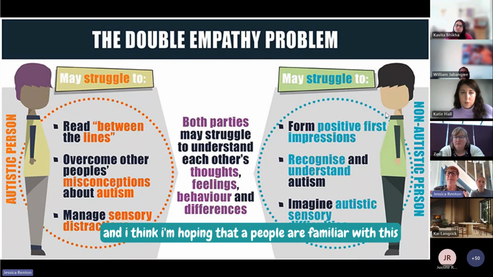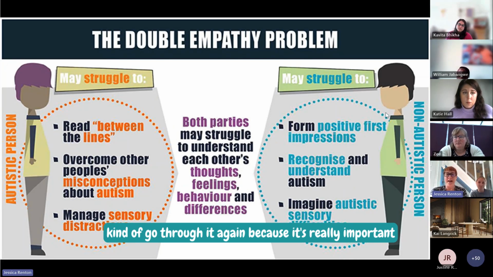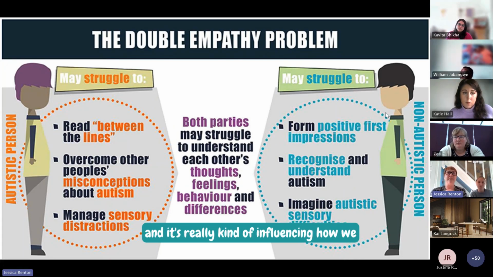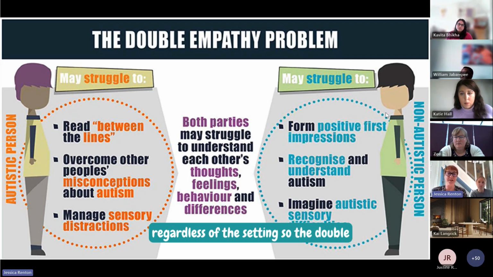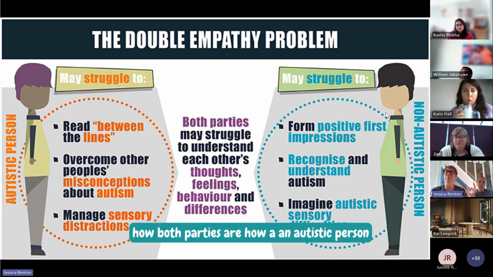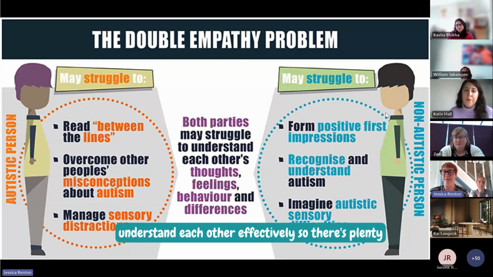And I'm hoping that a lot of people are familiar with this idea, but I thought maybe we should just go through it again, because it's really important and it's really influencing how we think about how we are supporting the autistic population, regardless of the setting. So the double empathy problem is basically a way of thinking about how both parties, so how an autistic person and a non-autistic person, struggle to understand each other effectively.